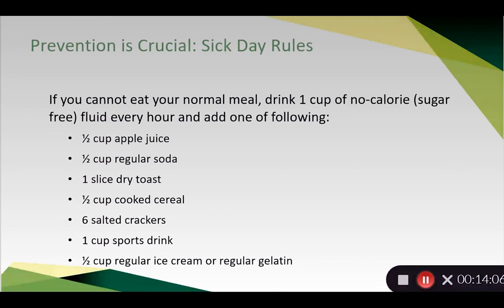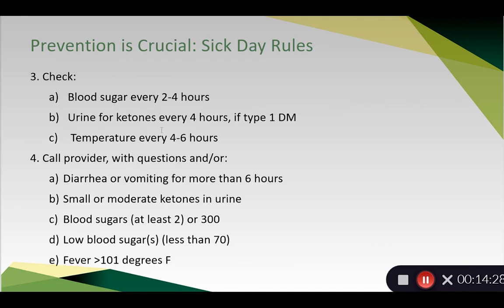The body always needs some sort of sugar, or glucose, that can be converted to energy for the cells. So this can come in the form of a half a cup of apple juice, regular soda, a slice of dry toast, a half a cup of cooked cereal, 6 saltine crackers, a cup of sports drink, or a half a cup of regular ice cream or gelatin. And then we want the patients to check their blood sugars every 4 hours.